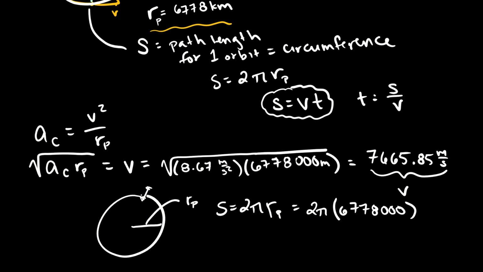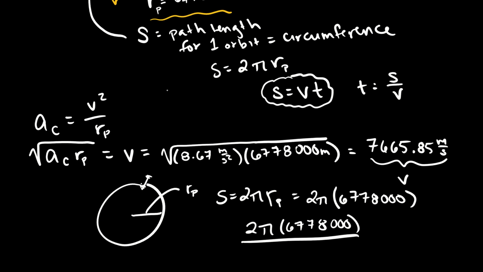So the final step was, we know that velocity times time will give us the distance. If we divide the distance by the velocity, so 2 pi, too lazy to do this intermediate step on my calculator, 2 pi times 6778000, that is our distance traveled in meters.